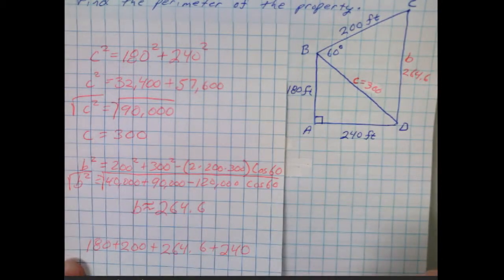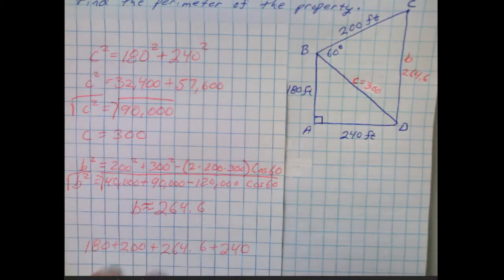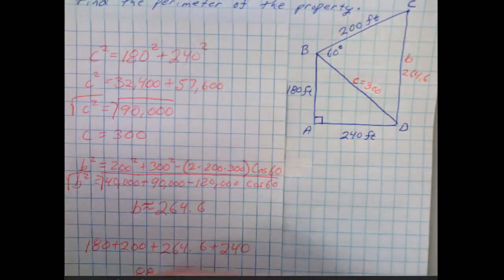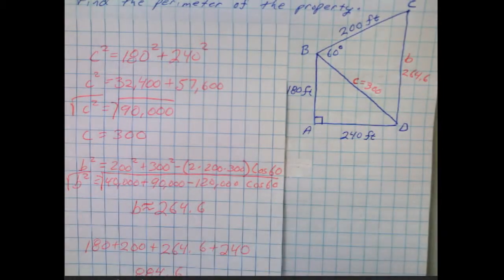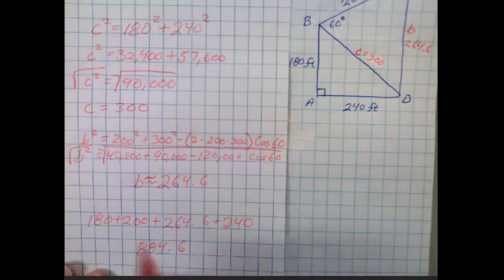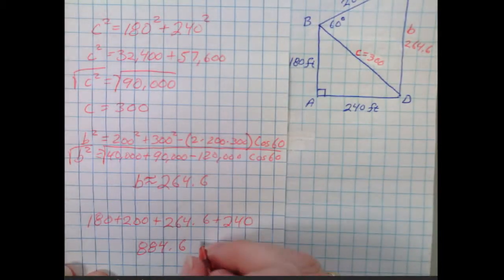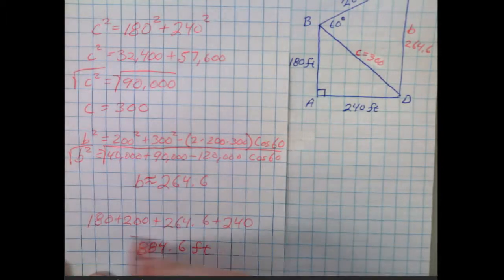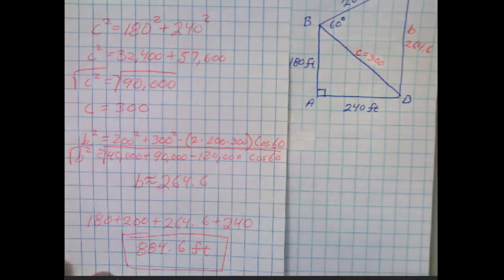We add all of those sides together, and we end up getting a total of 884.6, and that's feet for the actual perimeter of that fence.